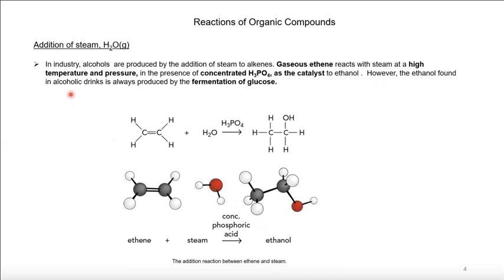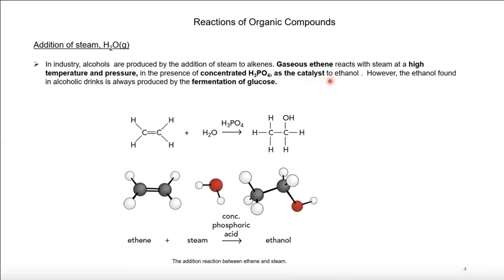Well, addition of steam, what happens then? This reaction is used in the alcohol industry to produce alcohol from steam. What do they do? They take gaseous ethene at high pressure and temperature in the presence of a catalyst, in this case concentrated phosphoric acid, to form ethanol.